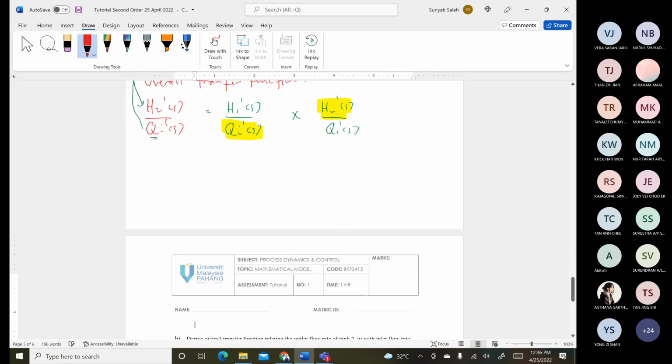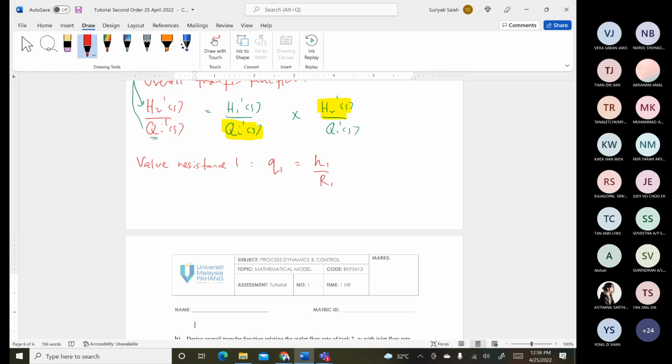For valve resistance 1, here we have Q1 equal to H1 over R1. This is the valve resistance.